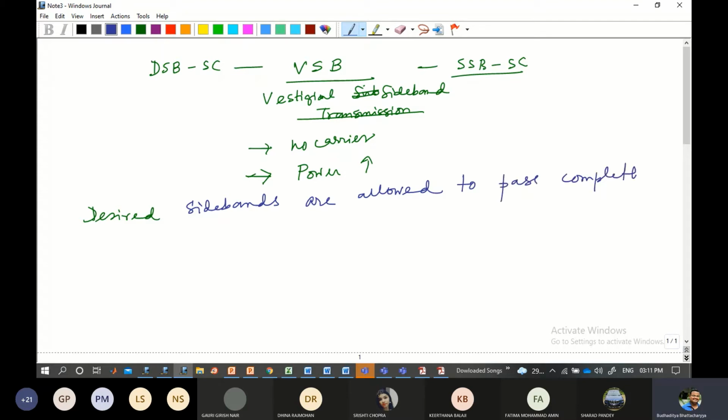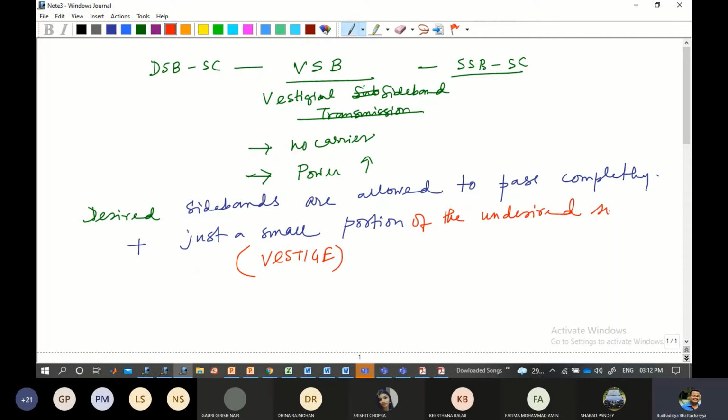So this is same as SSB, but along with that, just a small portion, and this portion is called the vestige. From that only the term came in. Just a small portion of the undesired sideband is also allowed.